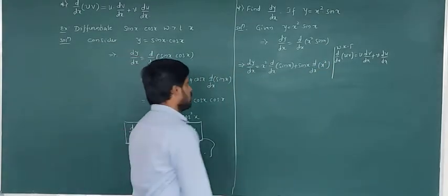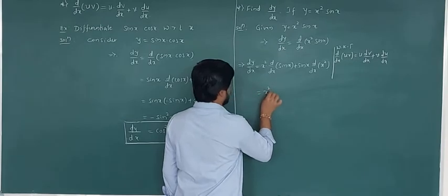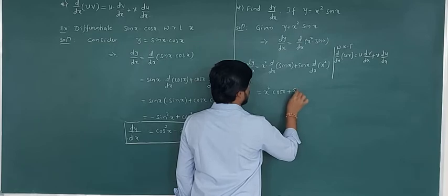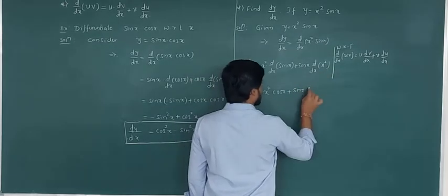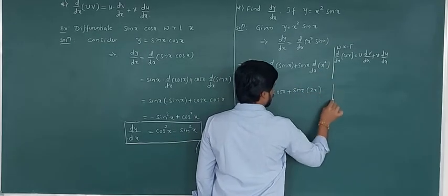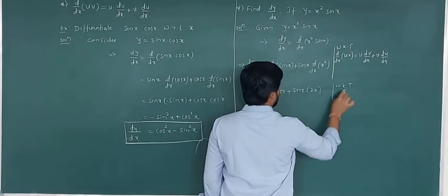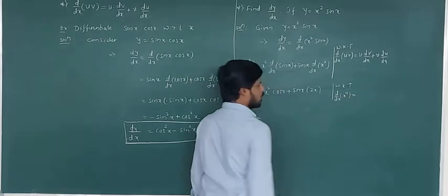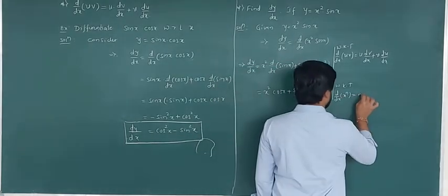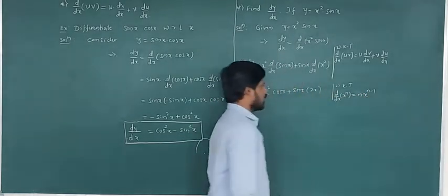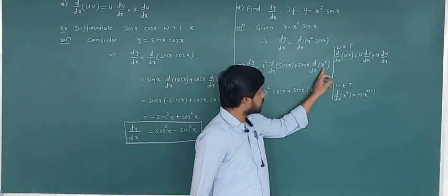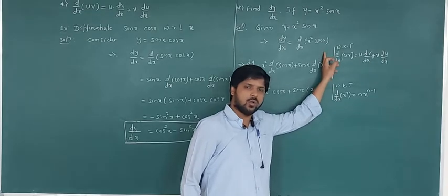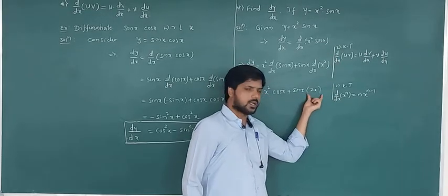Now we have to simplify. x square, differentiation of sin x is cos x, plus sin x as it is, differentiation of x square is 2x, because we know that d by dx of x to the power n is equal to n into x to the power n minus 1. Comparing these two, in place of x we have x only, and in place of n we have 2. So applying the formula we get 2x.